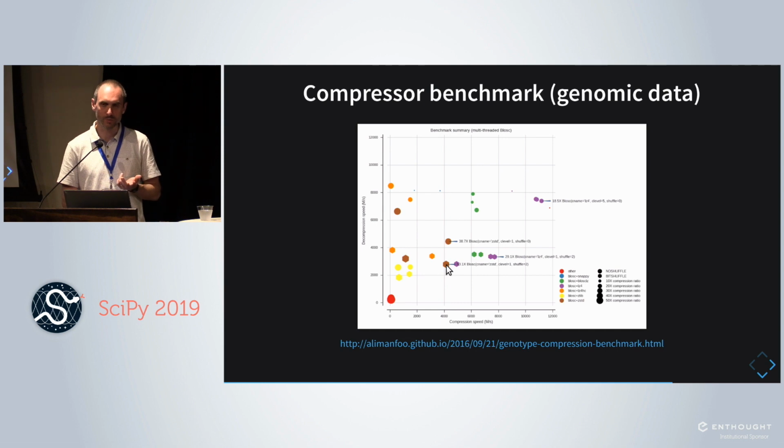That gives me a 50 times compression ratio, which is very competitive with these other standard library compressors, but I get many, many times more compression speed. And if you're willing to sacrifice a little bit of compression ratio, then you can get ridiculous 10 gigabyte a second compression speeds. So this can really speed things up and deal with any remaining bottlenecks you have in your I/O systems.